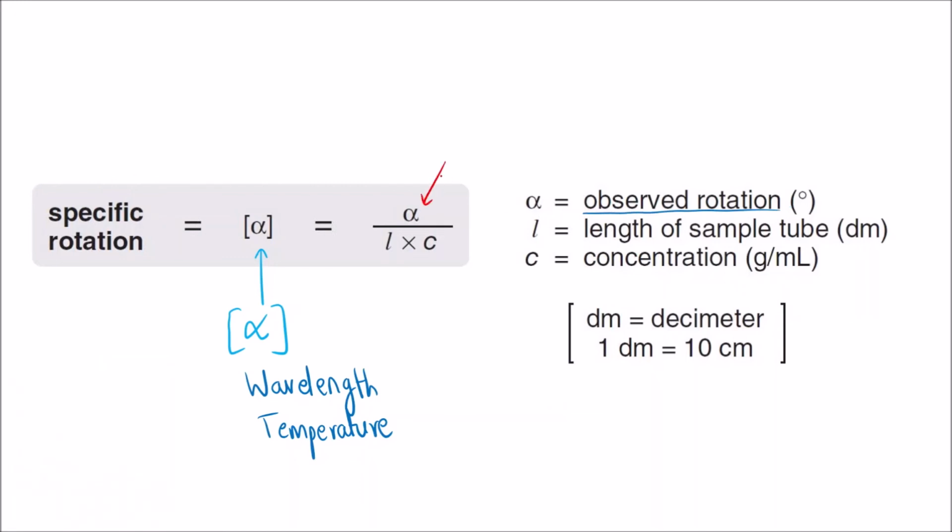That is, we saw just now that the plane polarized light will be rotated by a certain angle, that is the value of alpha. And then l is the length of the sample tube. It was the polarimeter sample tube which contained our sample. And c is the concentration. The unit of length of the sample tube is dm, decimeter. And c is the concentration of that particular sample, which will be in grams per ml.